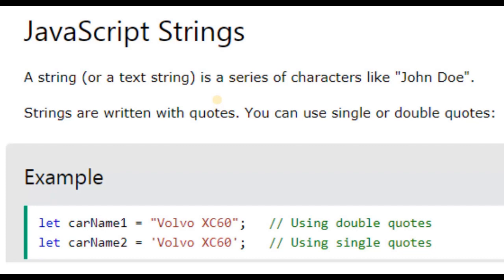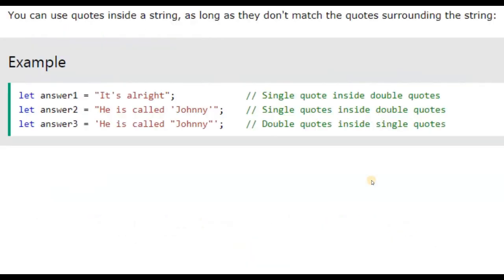You can use single or double quotes. For example, let carName1 = "Volvo XC60", where we are using double quotes. Now let carName2 = 'Volvo XC60', where we are using single quotes. So you can use either double quotes or single quotes.